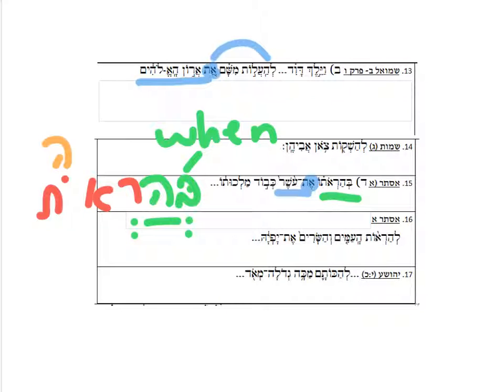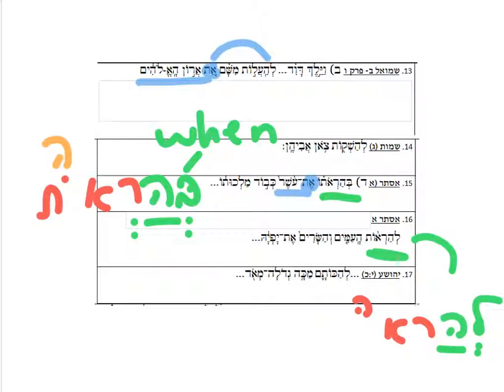Okay, look at 16. The king calls for Vashti, the queen. Why does he call for Vashti, the queen, to come to his party? Leharot, his second party. Leharot. What's leharot? So I have my lamed prefix. I have a hey patach. I have my shoresh ra'ah.